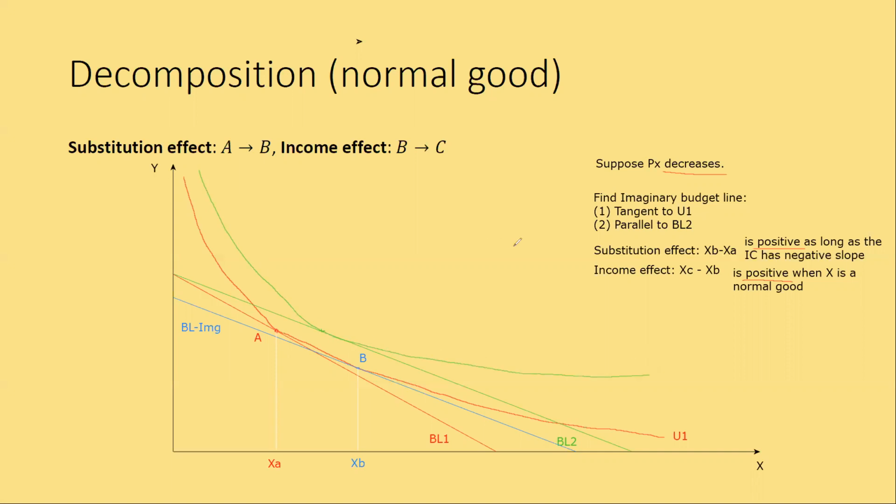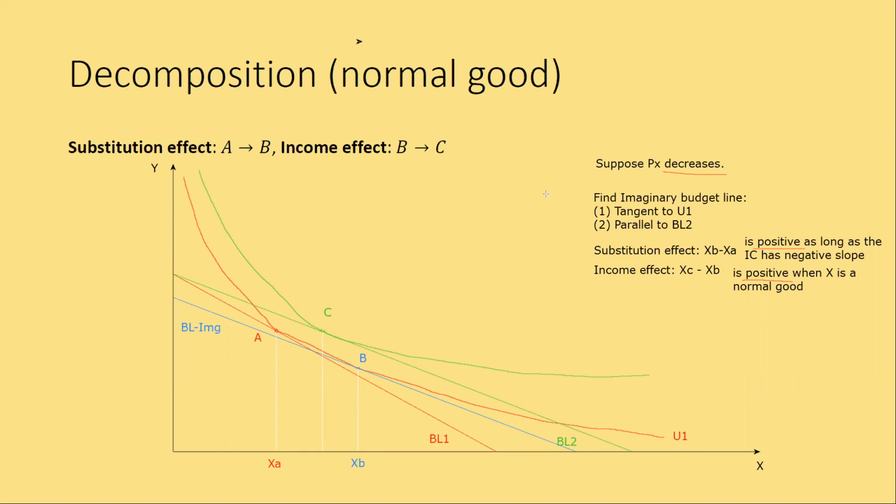All right. The indifference curve might look something like this. So now we have a point C that is located to the left of our point B. In this case, the substitution effect is the same, as that does not depend on whether the good is a normal good or an inferior good.